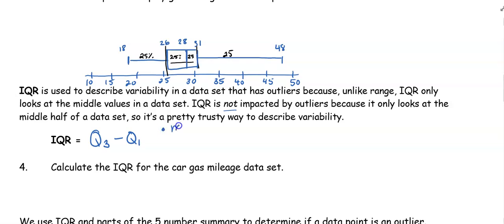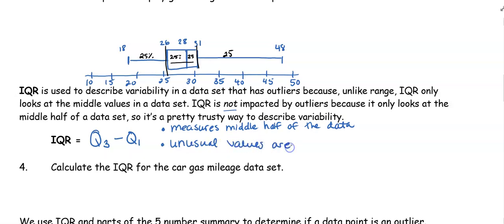What's important about this is that it measures the middle half of the data. And because of that, unusual values are not even considered. Those really high values and really low values aren't even figured into this measurement.